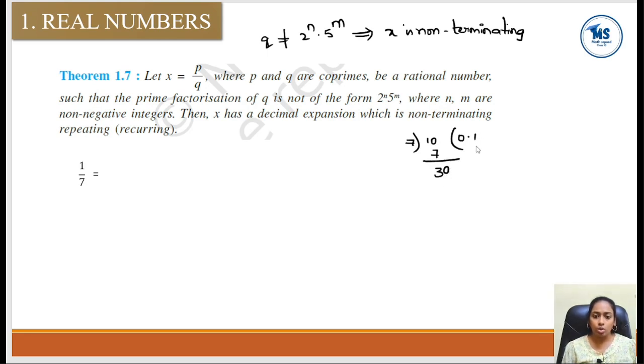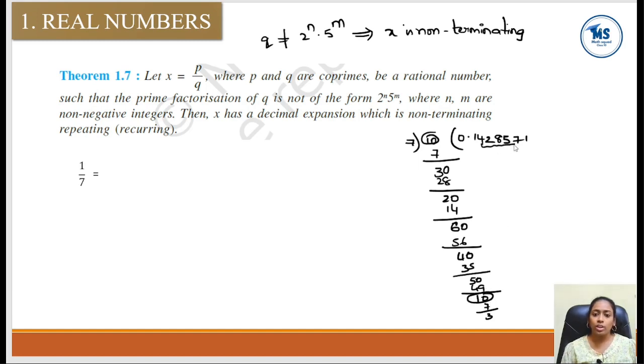I'll take 0 here. 7 4s are 28, 2. 7 2s are 14, 6. 7 5s are 35, 5. 7 6s are 42, 4. 7 7s are 49, 1. 7 1s are 7, 3. See, can you observe this? We started with the number 10 and again we got the number 10. So the numbers are going to repeat.